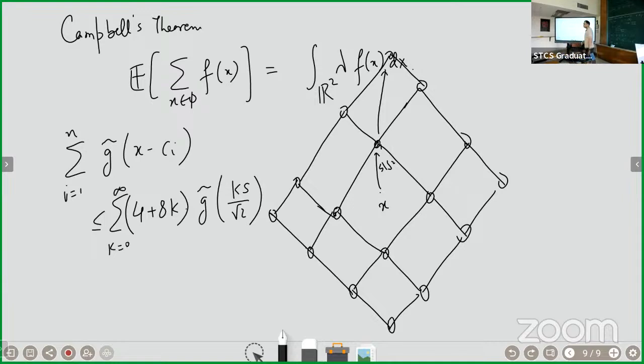Is this okay? g tilde inside it, ks by root 2. What is this s by root 2? Yes, it's 2s by square root 2. That's the maximum distance. How many of them? These many of them. Now, where is this bounded? We go back and put a condition on g. That g should satisfy this to be bounded.